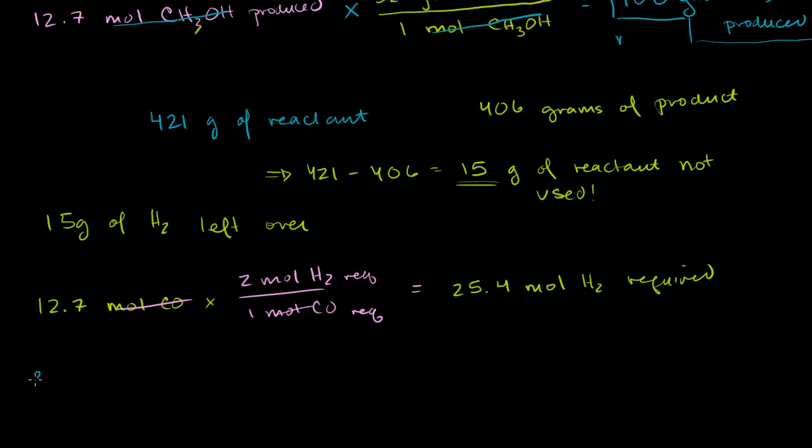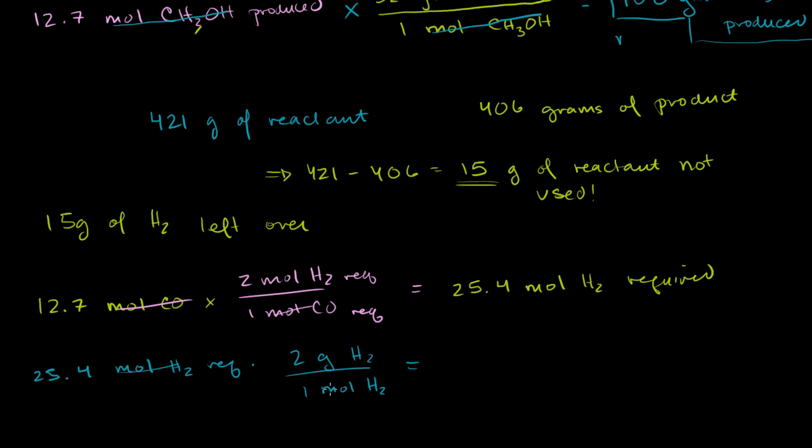So let's write that. 25.4 moles of hydrogen required times, well, we know the molecular weight of H2 is 2. So for 1 mole, we're going to have 2 grams of H2 per 1 mole of H2.